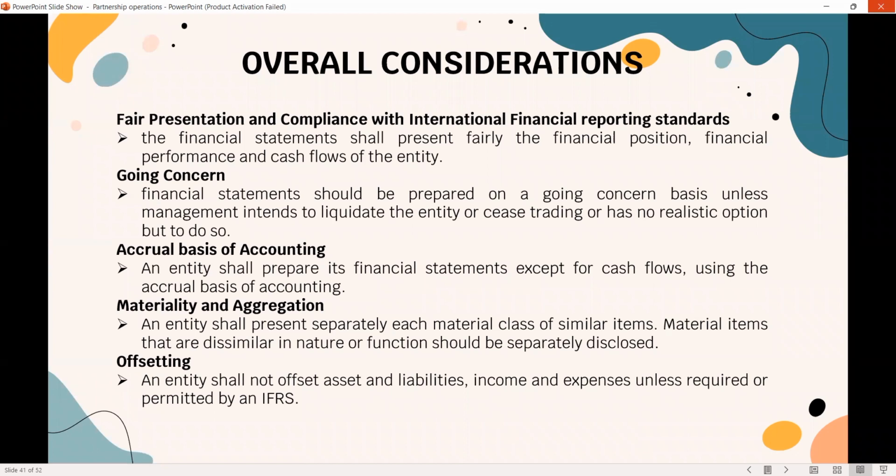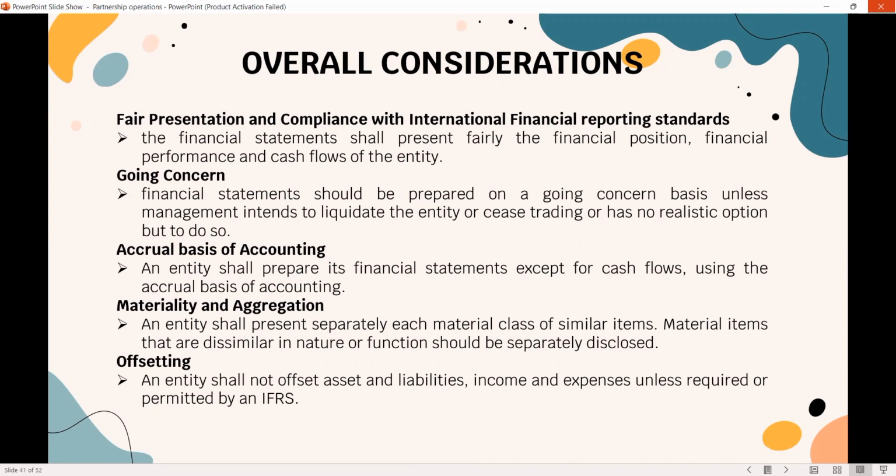So when we say going concern, it is the company that has the resources needed to continue operating indefinitely until it provides evidence to the contrary. This term also refers to the company's ability to make enough money to stay afloat or to avoid bankruptcy.